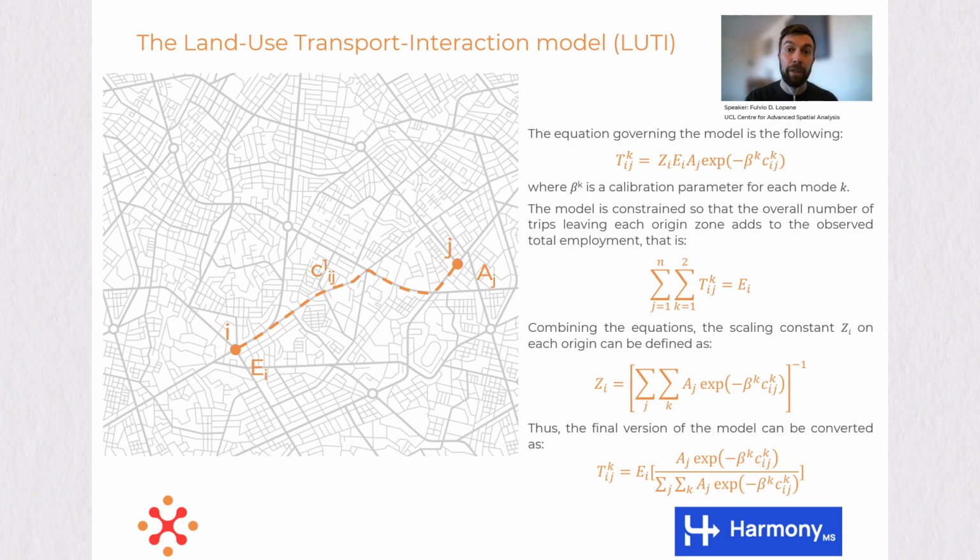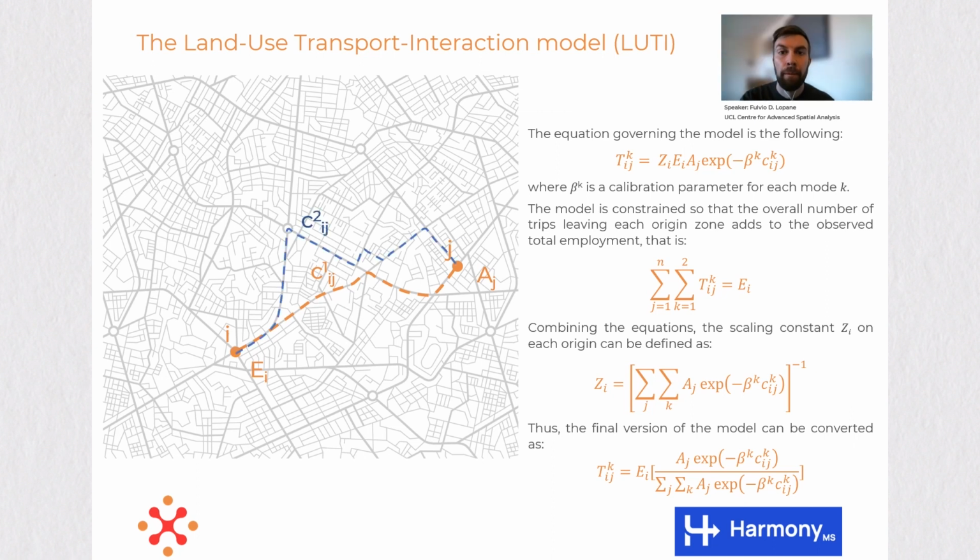But we also have to consider distance. So the higher the distance or the higher the travel time, or more generally, the higher the travel cost, CIJ, the lower the probability that people will travel from origin I to destination J. But we also know that in our cities, there are several available modes of transport.